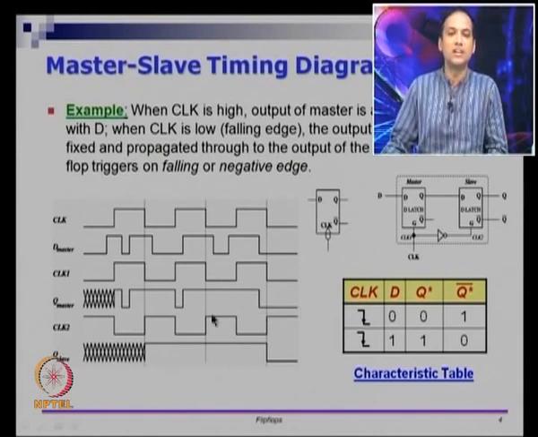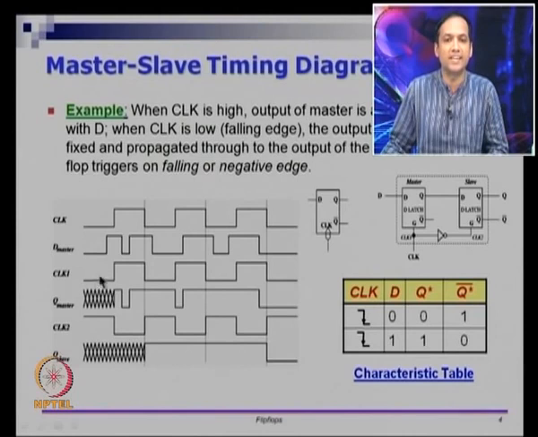So if you notice, what we have just traced is the relationship between the external clock, D master and Q master. If you compare D master and Q master, you can see that not all the transitions in D master are transferred to Q master, right. A subset of the transitions are actually left out.